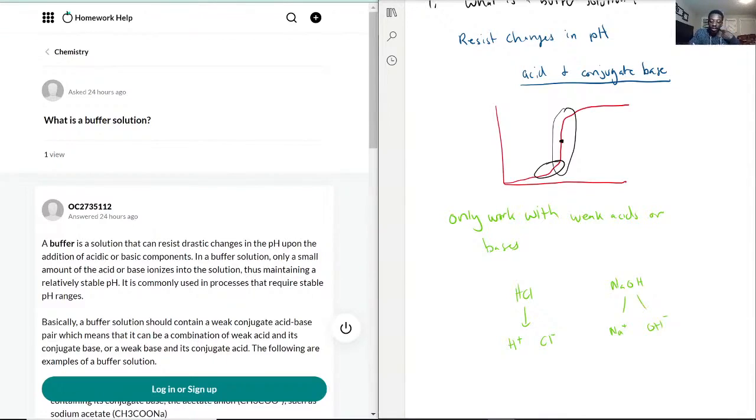The reason why this is important is because this doesn't really count as an acid and its conjugate base. It's just a complete dissociation.